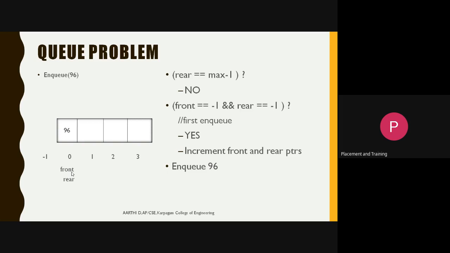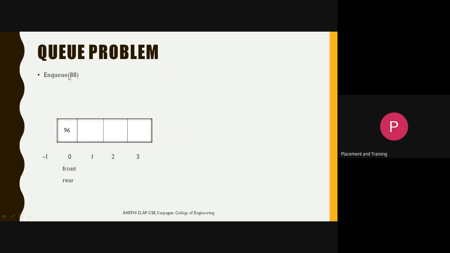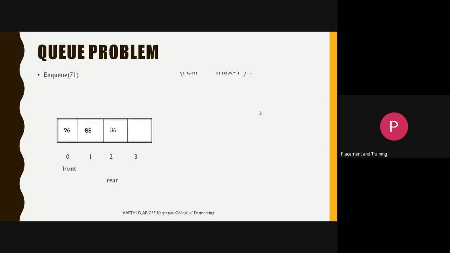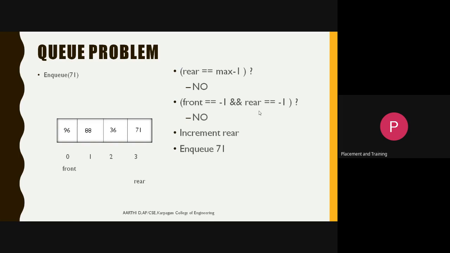Next, if I want to add another element, is my queue full? No. Is this my first element? No. So just increment your rear alone once and add the value at your rear position. The same is done for all values.